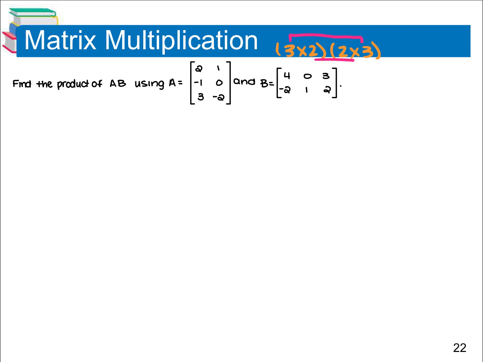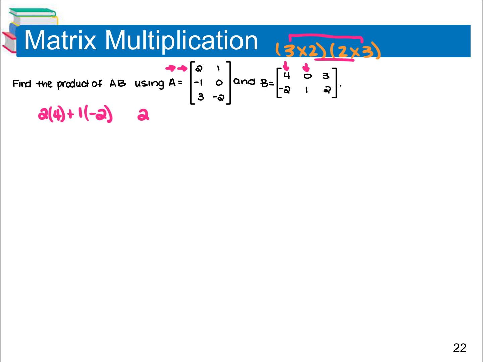So we're going to look at first row, first column. You're going to do 2 times 4 plus 1 times negative 2. Whatever you get from that will be the first term in your matrix answer. Next, you'll go first row times middle column added together.